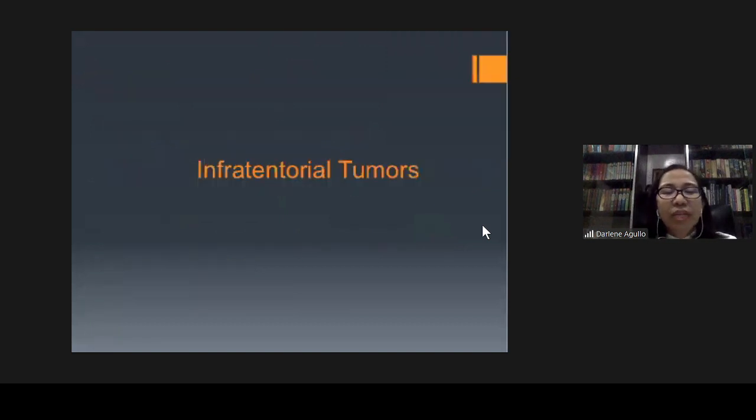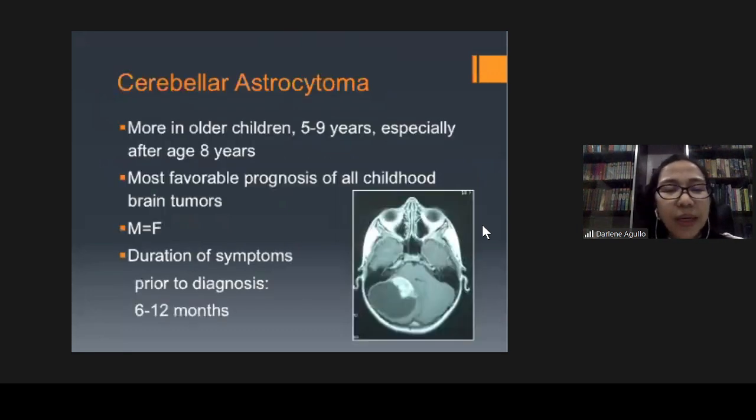Now we go to infratentorial tumor. So infratentorial, brainstem, and cerebellum. First is cerebellar astrocytoma. It is more common in older children, 5 to 9 years of age, especially after age 8 years.